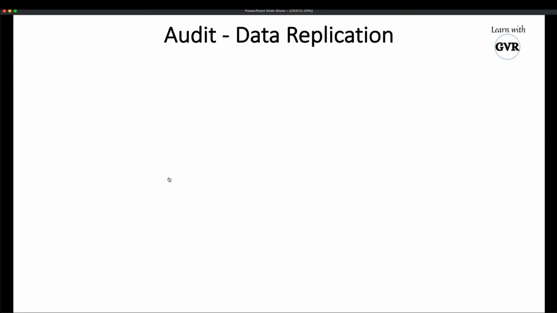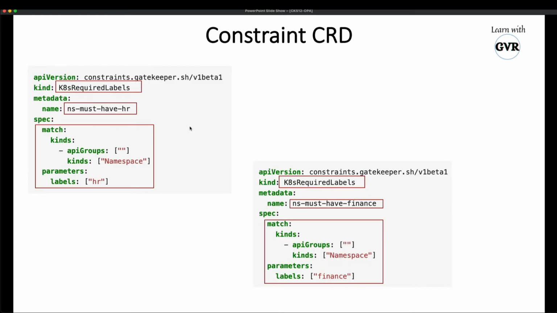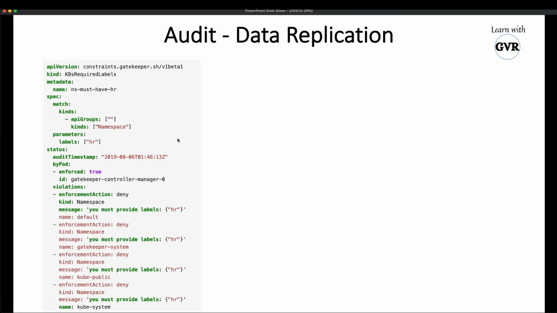Now third, audit, right? We have also seen the audit as well. What exactly is this audit? Say for example, you have created a constraint that namespaces must have an HR label. So I have executed, but in my team, developers are creating namespaces.